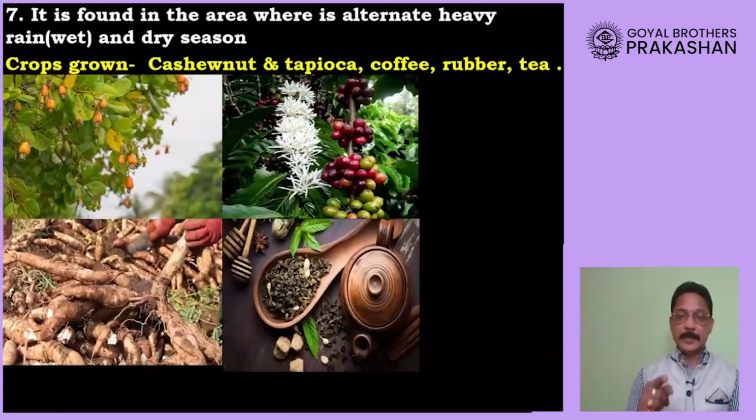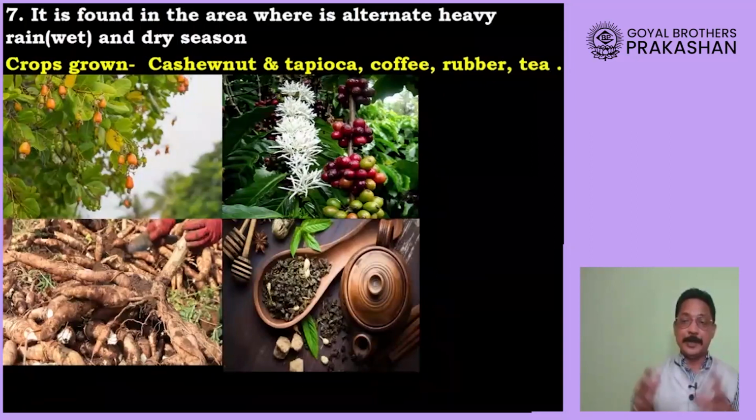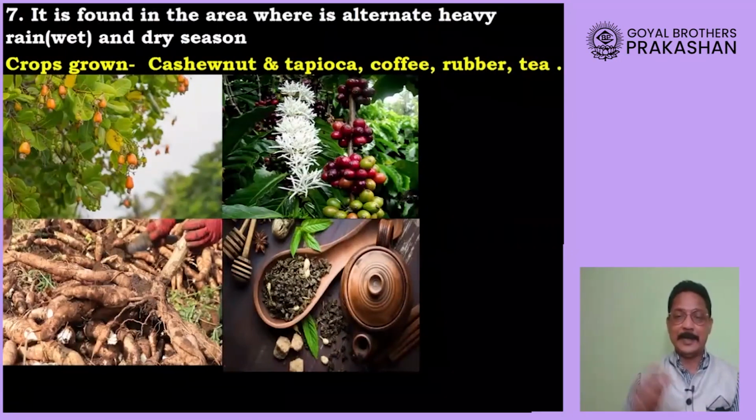Some time back we saw this soil is found in Meghalaya. Now you must know Cherrapunji and Mawsynram, the places which receive the highest rainfall in the world. It means there is very heavy rainfall followed by a dry season. So it is found in Meghalaya.